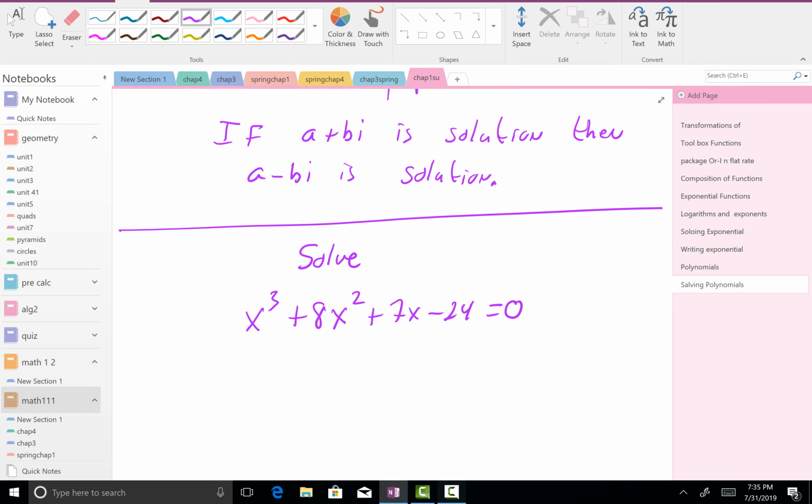So we have to come up with a way. Guess what we're going to do first to solve this? Graph it, because we know we're going to have at least one x-intercept. It's a 3rd degree, an odd degree, so we've got to have at least one. So let's graph it and see if you can find an x-intercept. Let me know what it is.